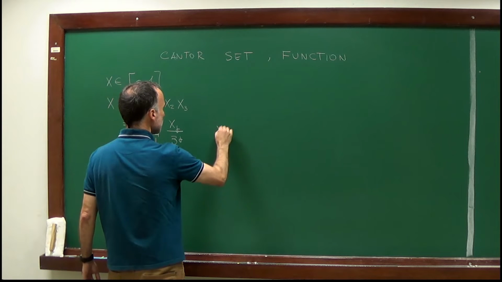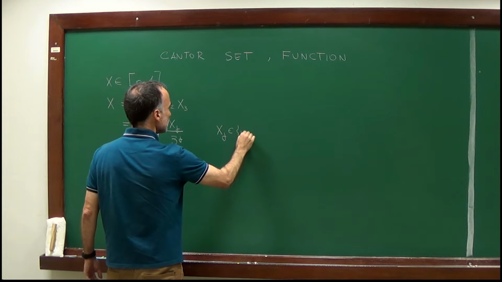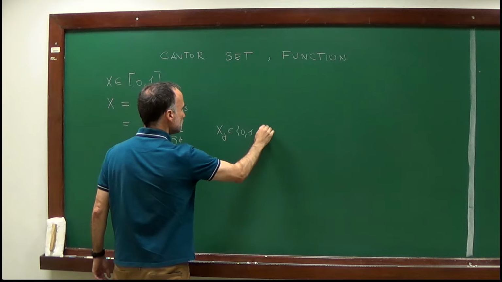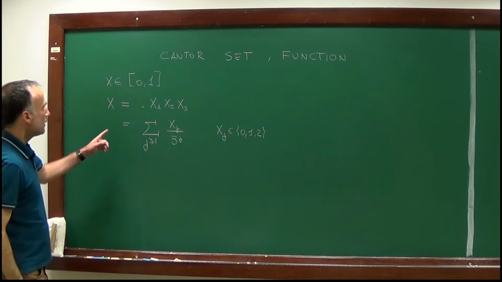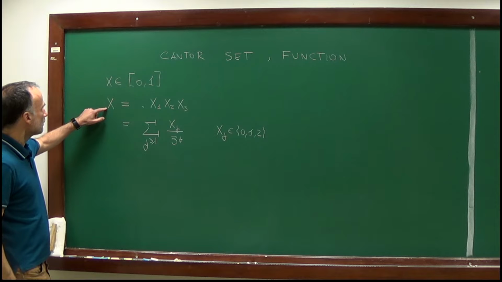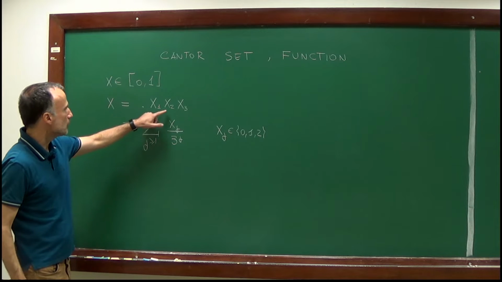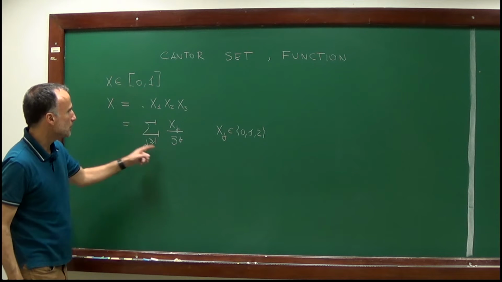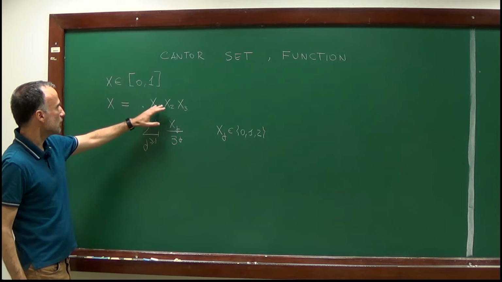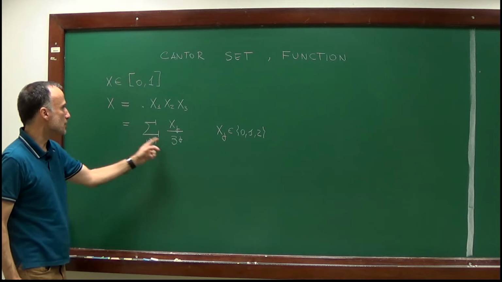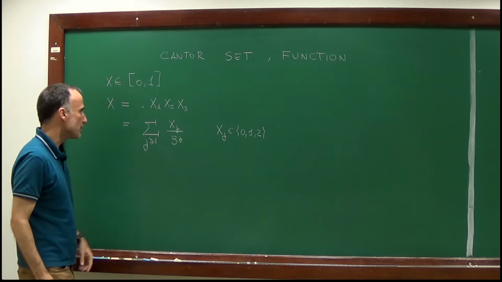So here xj is an element of {0, 1, 2}. And so when I write x as 0.x1 x2 x3, what I mean is that I'm representing x in base 3, which is writing x in this way.